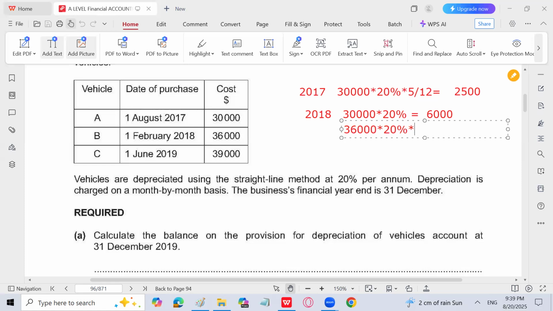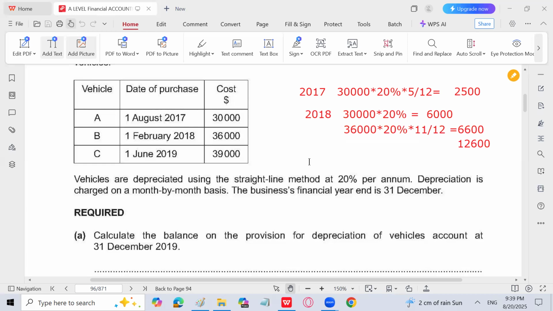In how many months will we calculate? From 1st February onwards: February, March, April, May, June, July, August, September, October, November, December, 11 over 12. Only 1 month is missed. Because it is on a month-to-month basis, we need to calculate depreciation for 2018 monthly, which is 11 over 12. That is 6,600. So the total depreciation for 2018 is 12,600.